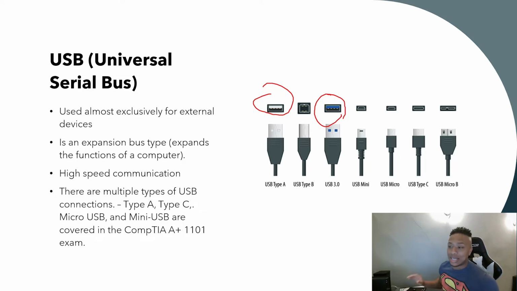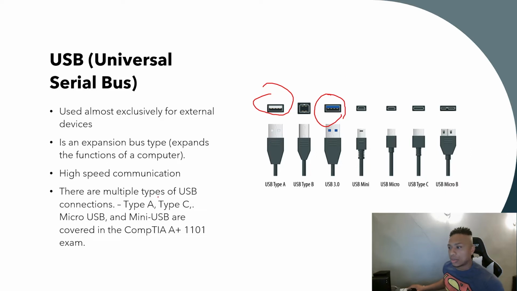So like I said, used exclusively for external devices: mice, keyboards, microphones, webcams, and USB generally expands the function of a computer. So what I mean by that, like if you have a computer, you can turn it on, but can't do anything. So you plug in a mouse to extend the function of a computer.